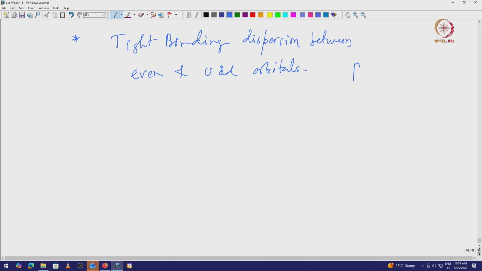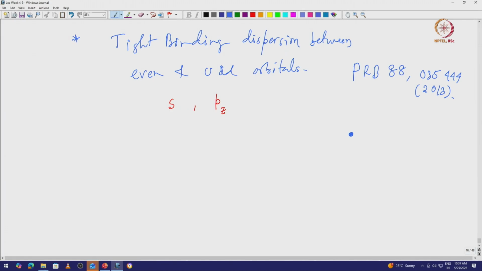So the reference for this is... okay. Let's take s orbital and px py orbital, or even pz orbital. Let's start with even pz. Okay. Let's take some sort of a square lattice, or even 1D if you like.